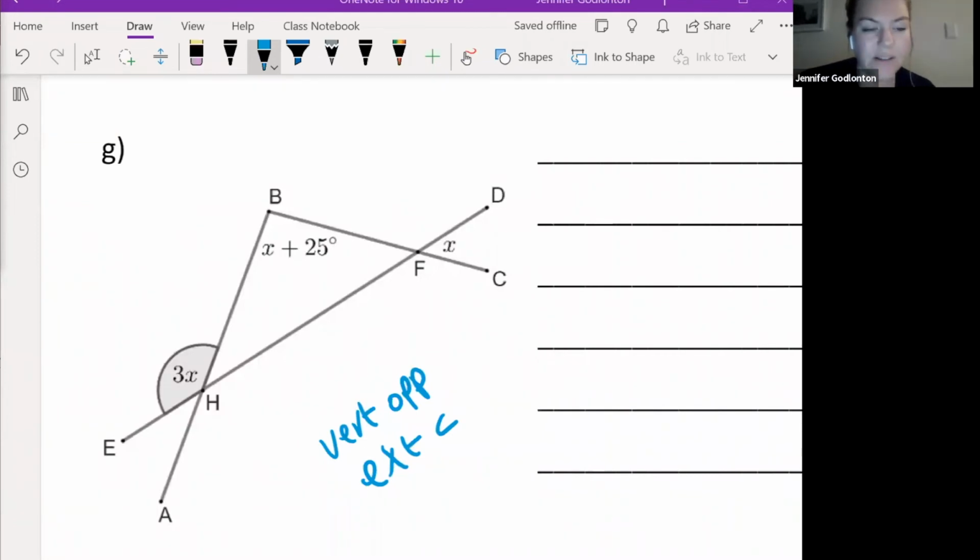To answer your question, in questions you can get a decimal. That doesn't always mean you're wrong, but in this particular question, if you have a decimal, then it's wrong. I'll be so excited if someone gets this right though. If you think you have an answer for X, pop it in the chat for me. If you don't want other people to see it, you can send it to me as a direct message and I'll tell you if you've gotten it right or wrong.